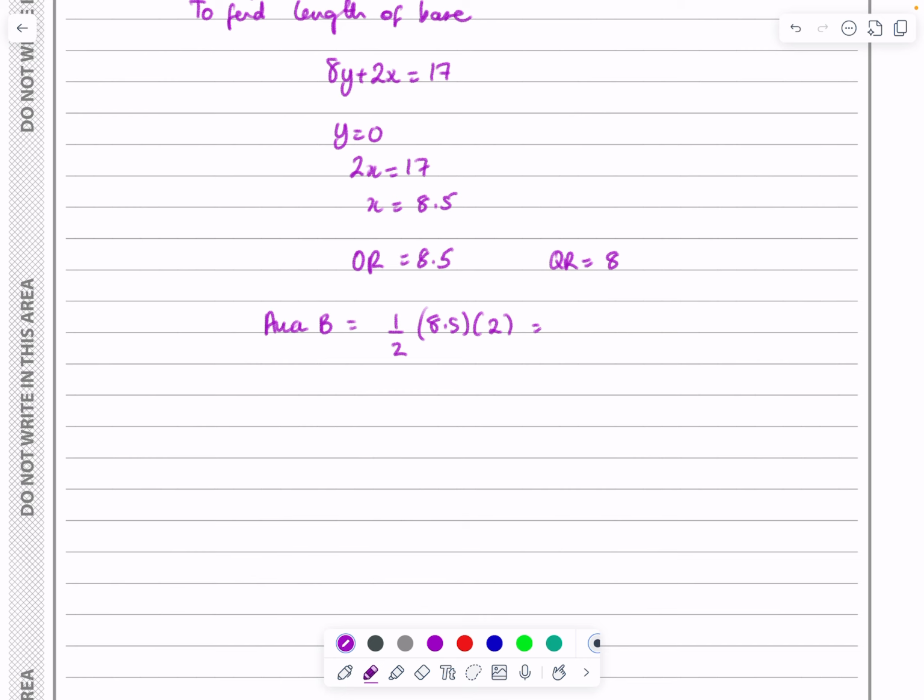So we get that the length is half base times height, which is half 8 times 2, which actually gives us 8. So the total area is equal to A plus B is equal to pi over 2 minus 1 plus 8, which is then pi over 2 plus 7.